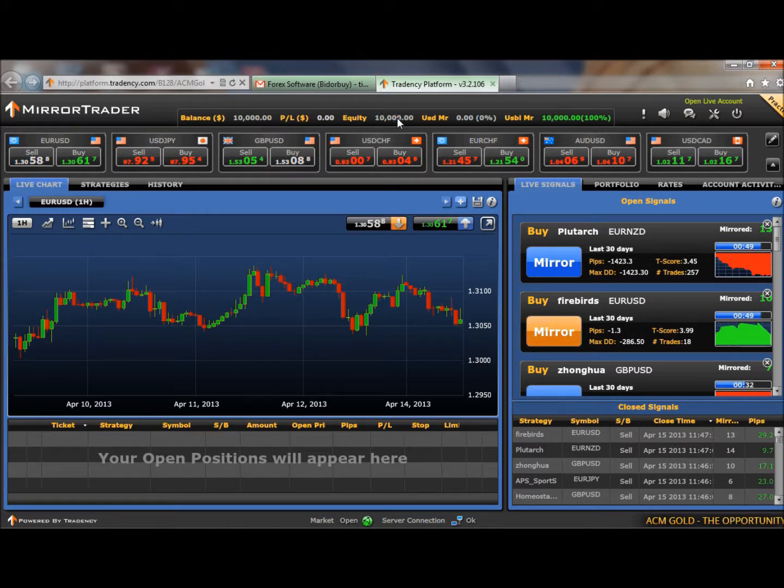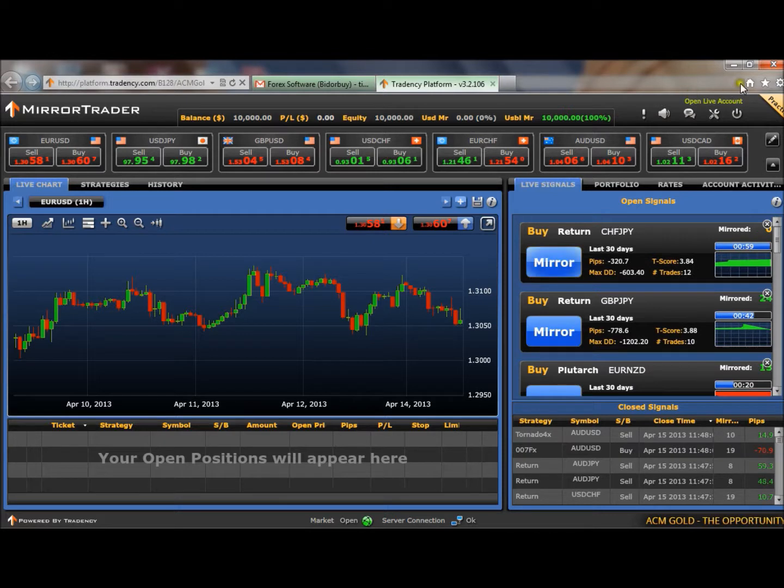So that is your real balance at any given moment: your equity. Next to that, you have your used margin. Please refer to Babypips and the definition on margin. At the moment, your used margin is 0 because you don't have any trades open, and your usable margin is 100%. And obviously these two will add up to 100%. So if you use 20% of your margin, your usable margin will go down to 80%.